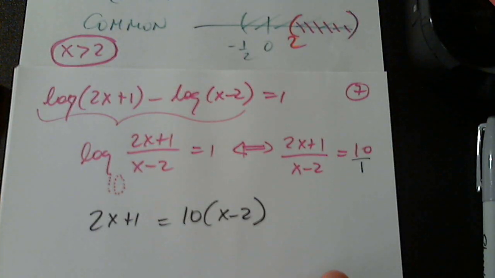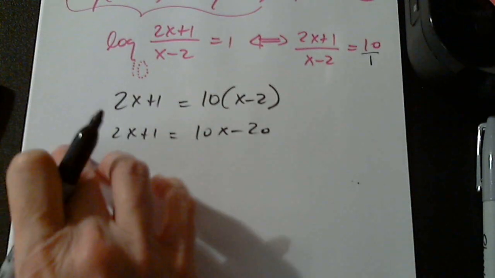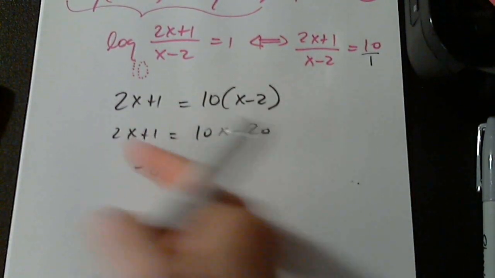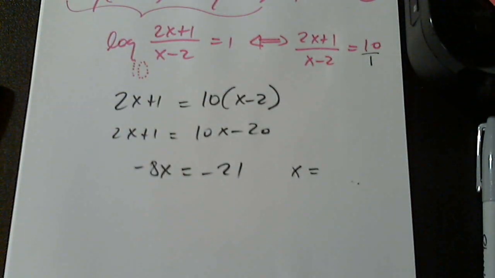Now this is linear. So I have 2x plus 1 equals 10x minus 20. I move terms around. I bring this here, I get negative 8x. I bring this here, I get negative 21. So finally the answer is, and you don't have to divide, you can leave it as is.